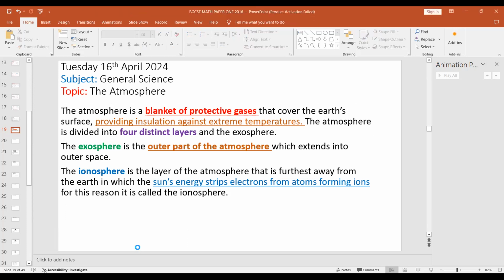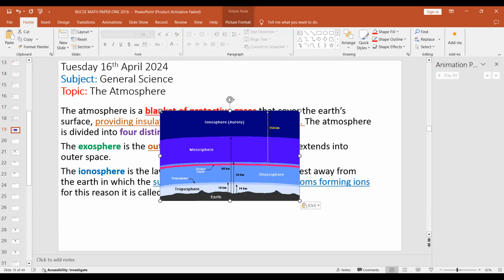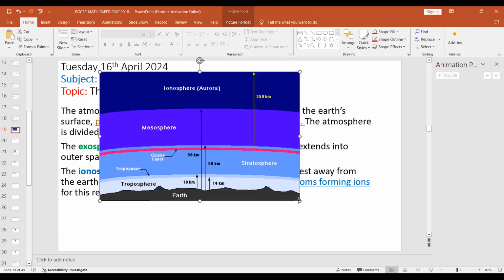Like we said, it is the one that is farthest away from the Earth.